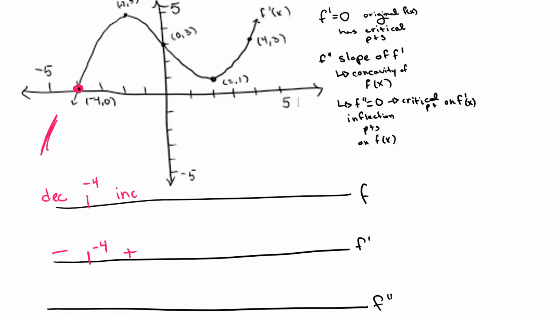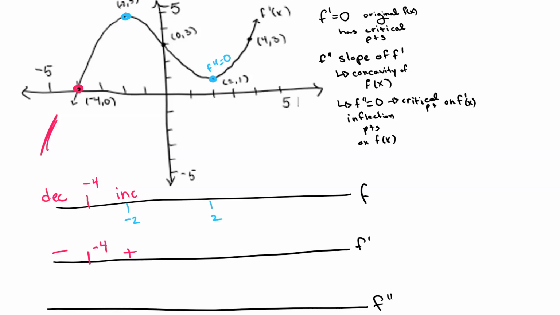Now let's look at the critical points of this graph, because remember, the critical points of this graph are going to be where our second derivative equals 0, and they're going to tell us about concavity, or our inflection points of our original graph. So we have those at -2 and at 2. So to the left of -2, our graph is increasing.